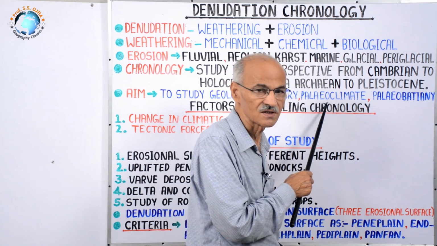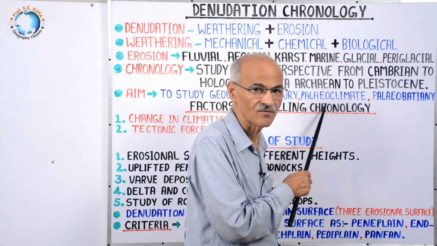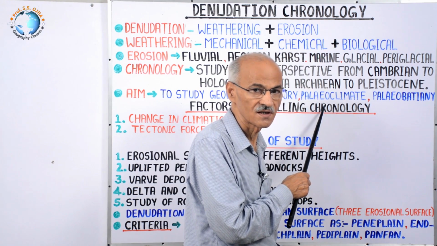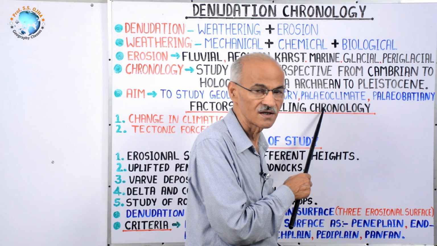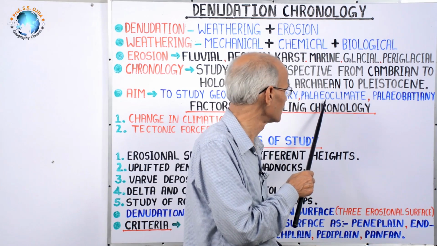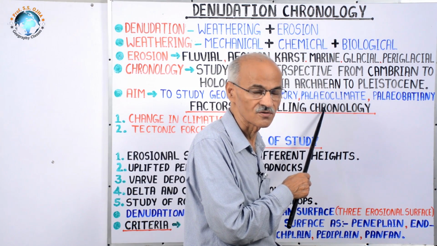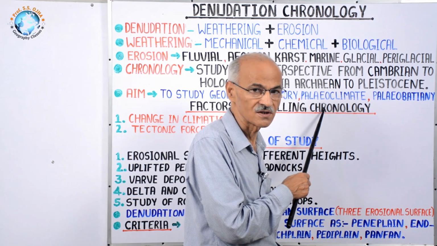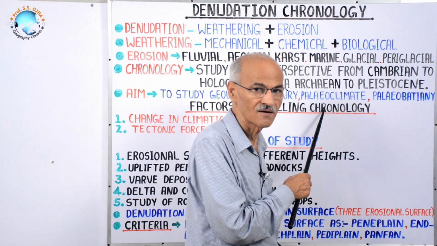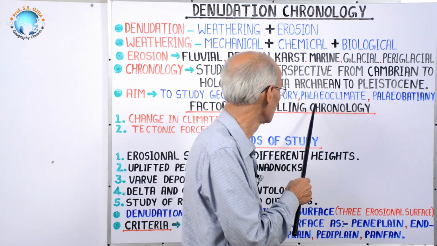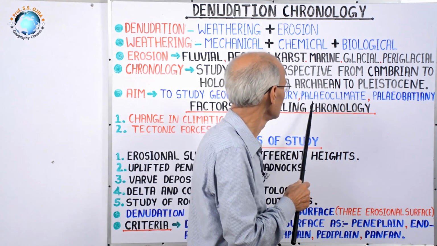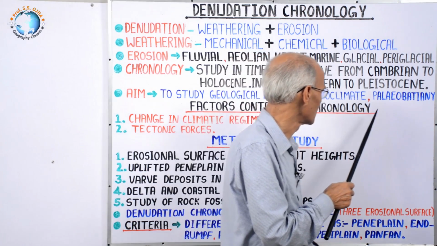The second option is that India was in the periglacial process region and landform karst was developed there, and India, due to tectonic forces, moved north. So, second option is well explained by geologists, geomorphologists, and paleoclimatologists. So, the aim of study of denudation chronology is also to study paleoclimate.